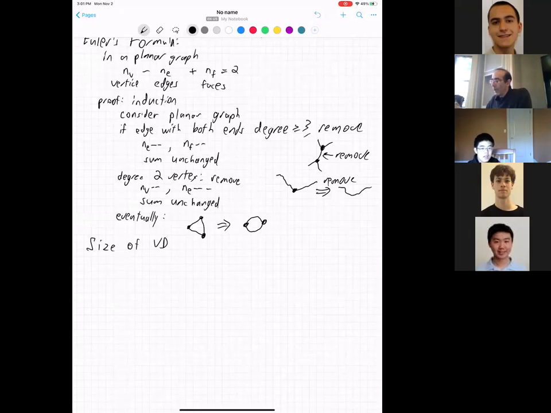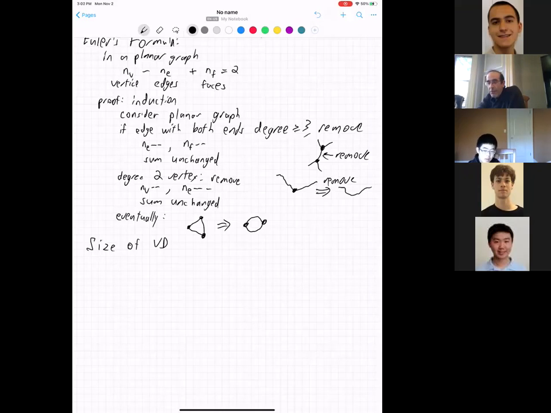Can I ask a question? Yes. Why do we end up with a triangle at the end? Well, sorry, we will keep going until there are no vertices of degree 3.